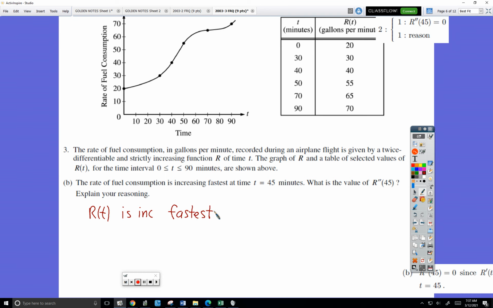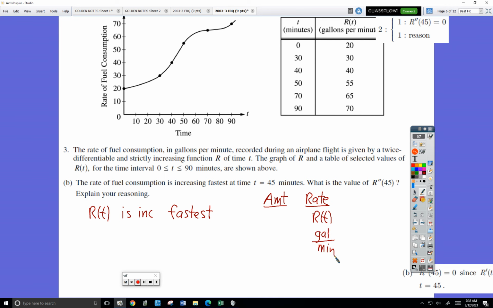And it's back to Danica's chart. So I have amount, and I have rate. Well, R of T is a rate. It's rate of fuel consumption, measured in gallons per minute.